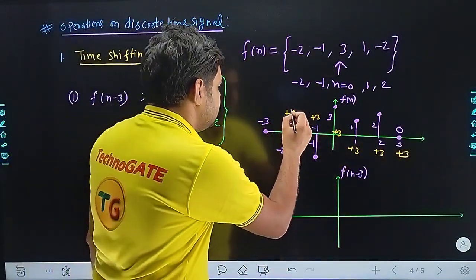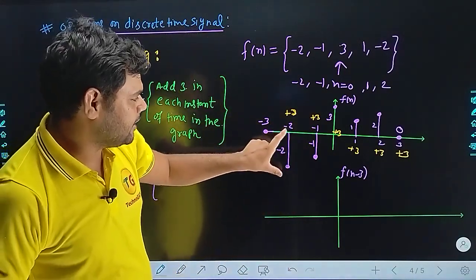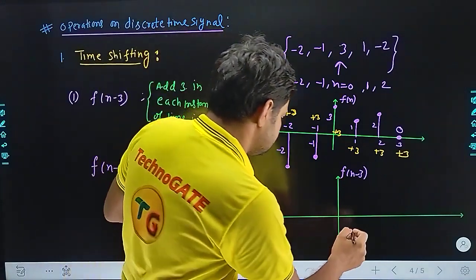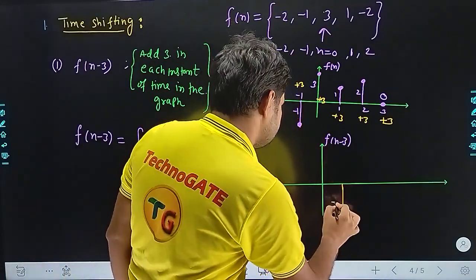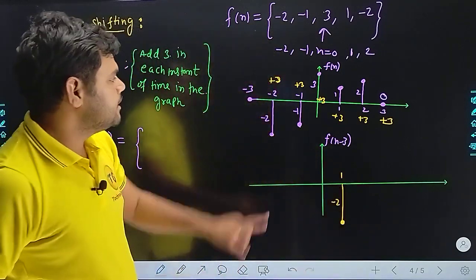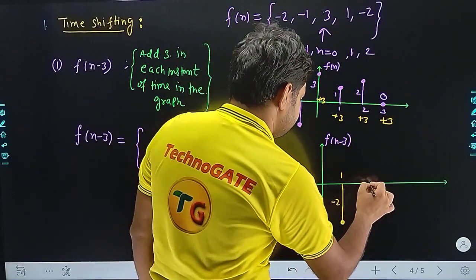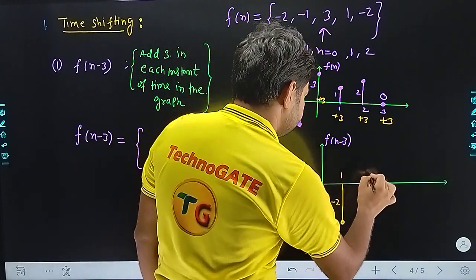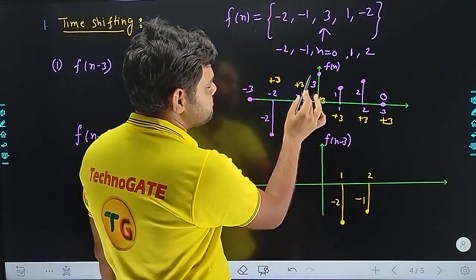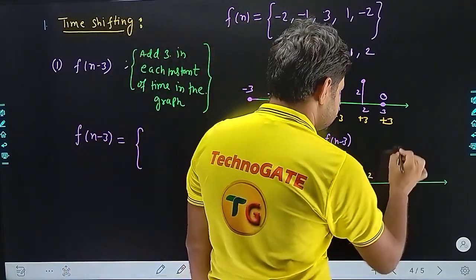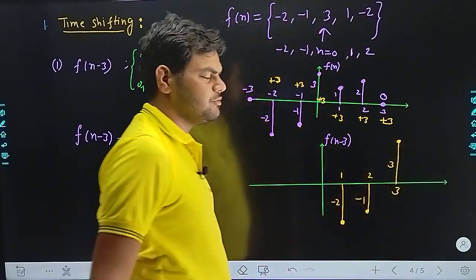Okay, so the sample present at n equal to minus 2 reaches at plus 1, which means this sample will reach here with value minus 2, of course, at 1. Minus 1 plus 3, what will be here? It will reach at 2 with sample value, of course, minus 1. The sample present at n equal to 0 will reach at n equal to 3 with sample value 3, of course.